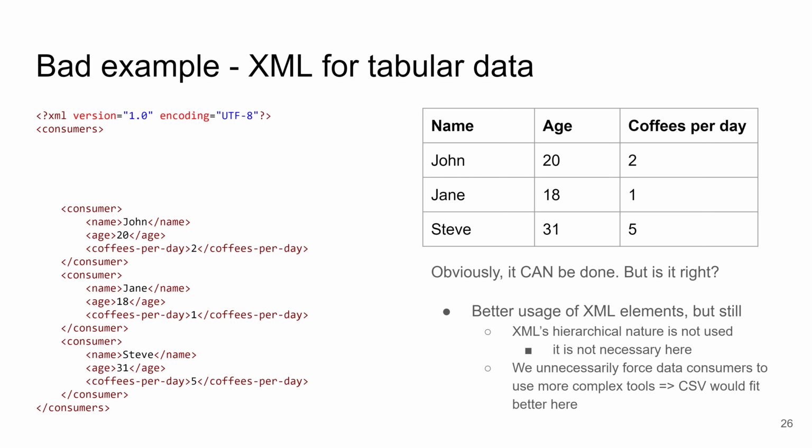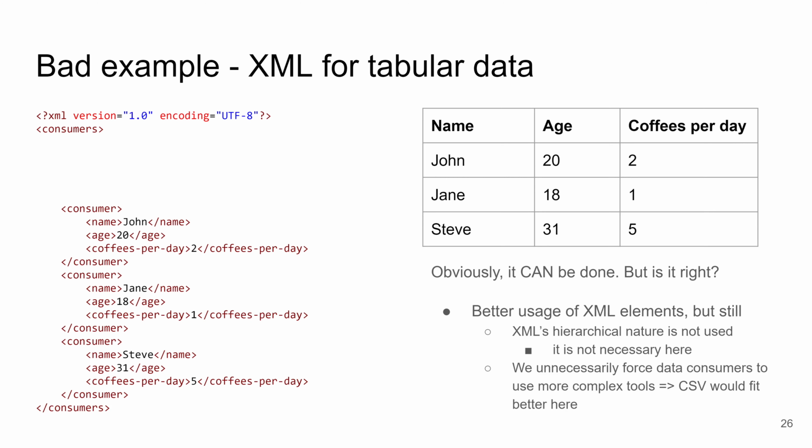It's about consumers with names, ages, and coffees per day. It is not relevant that the data used to be a table, right? So this is better, but it is just one step better, because it is still tabular shaped data.